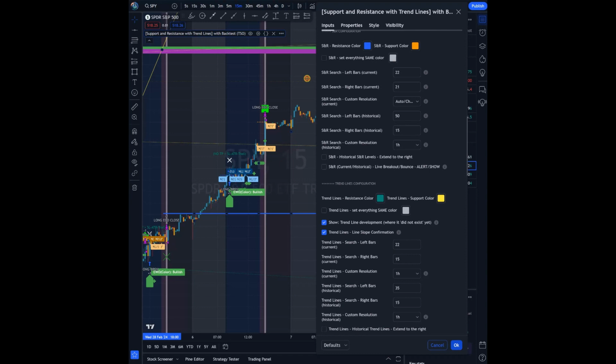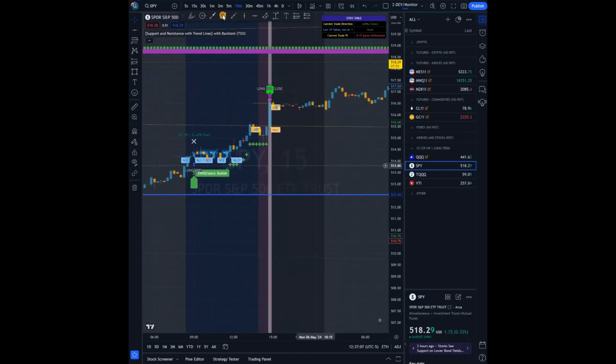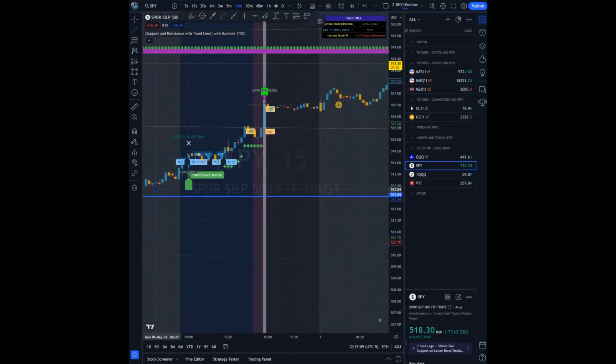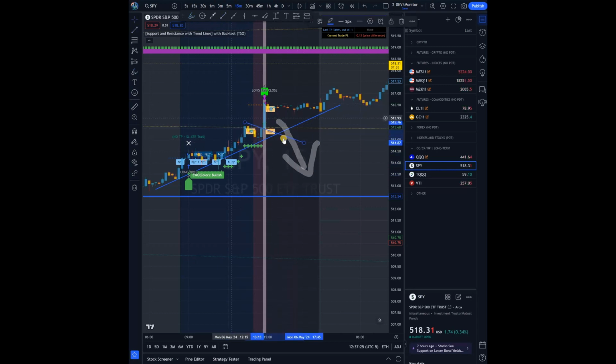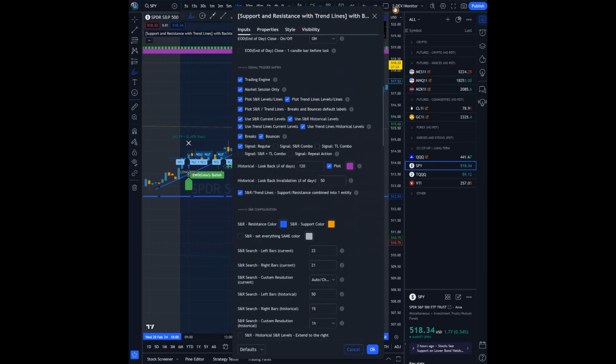By default, if it's a support trend line, it's supposed to go up like this, an upward slope, and if it's broken, it has to be like this. Same way for a downtrend, it's supposed to be a down slope. If the down slope is broken upward, that means the trend is broken, and it can be turned off as well.